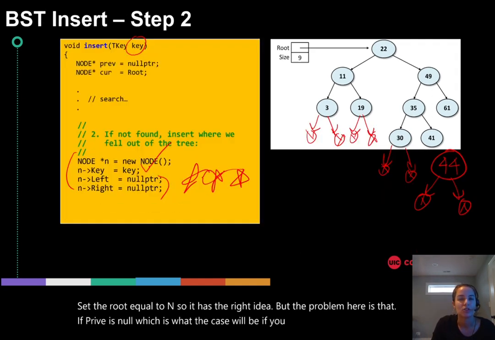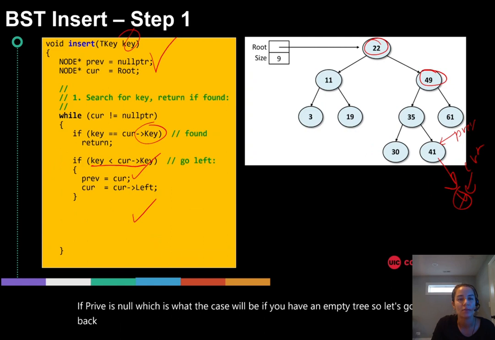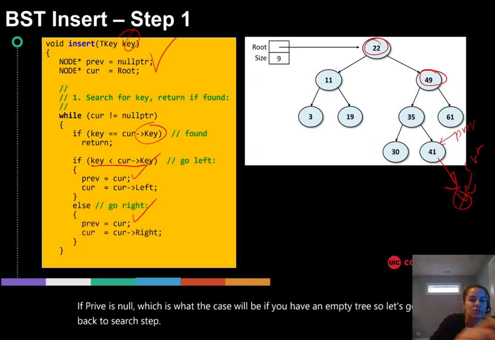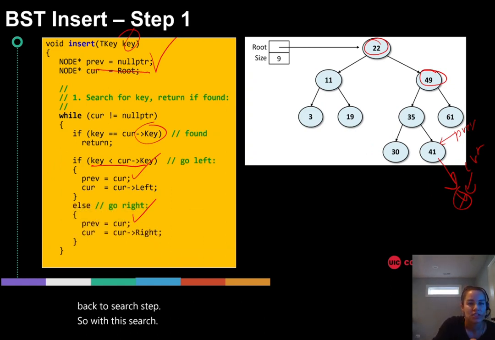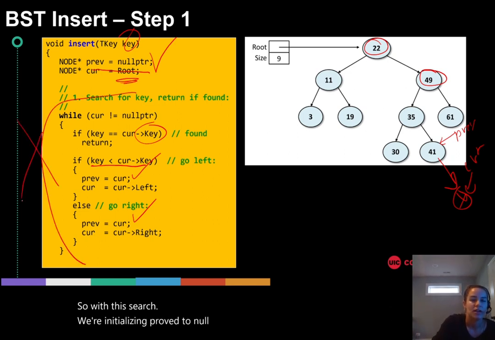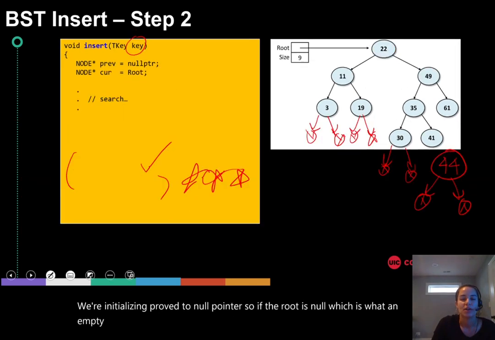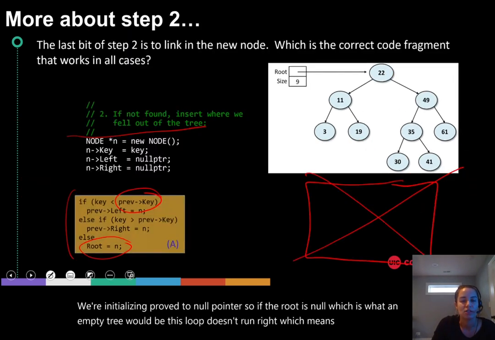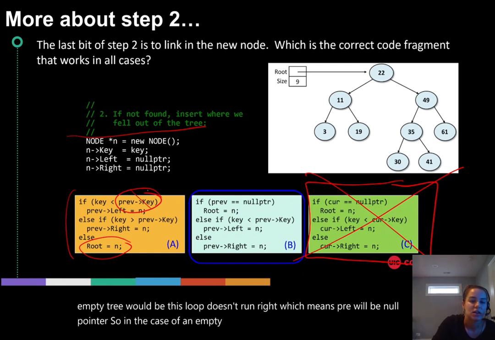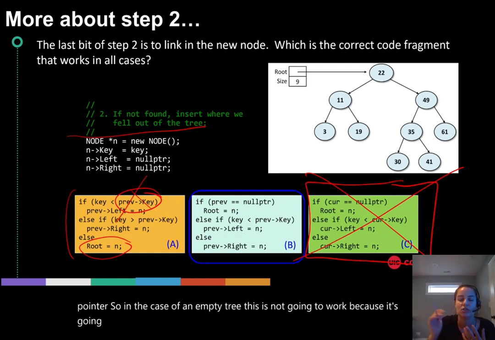So let's go back to the search step. With this search, we're initializing prev to null pointer. So if the root is null, which is what an empty tree would be, this loop doesn't run, right? Which means prev will be null pointer. So in the case of an empty tree, this is not going to work because it's going to try to dereference a pointer that's null.